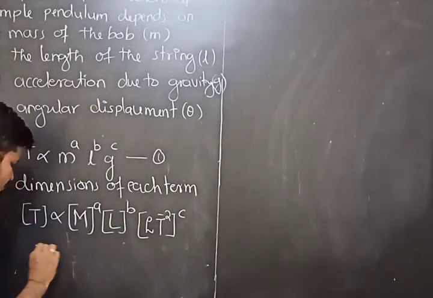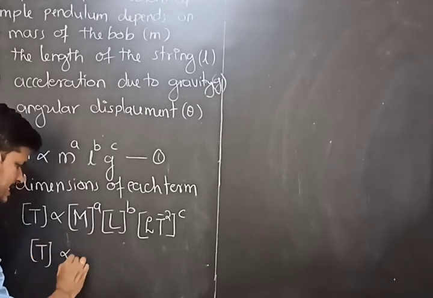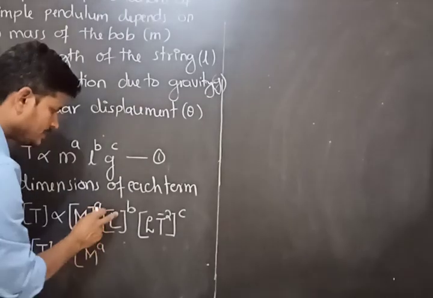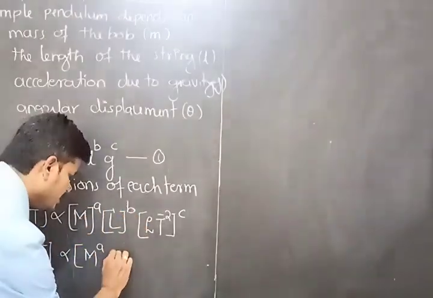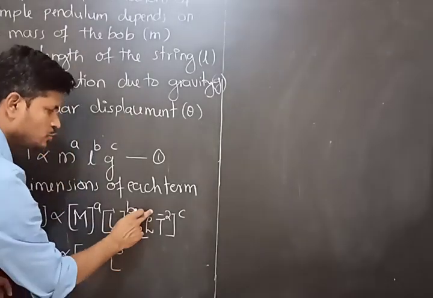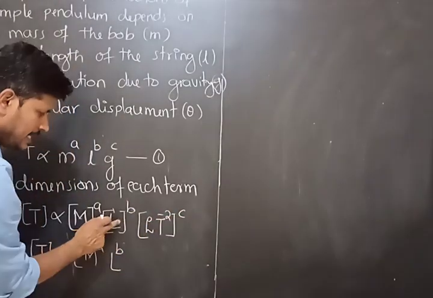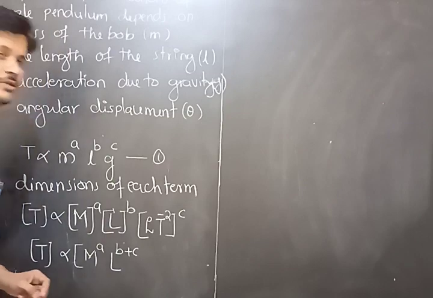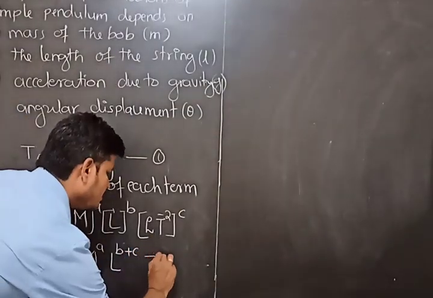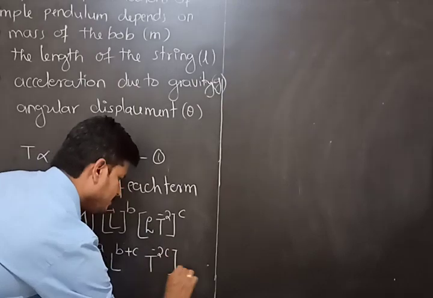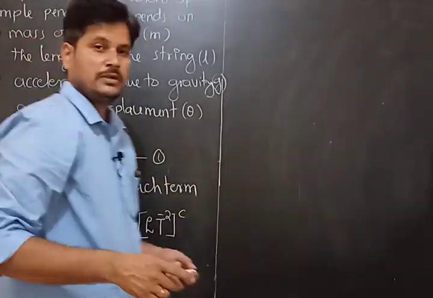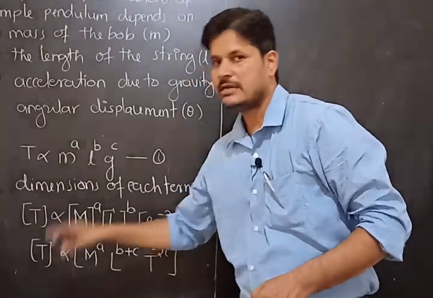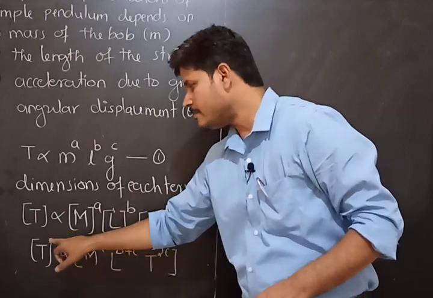Correct? Next, this time period is directly proportional to m raised to a, L raised to b, L raised to c, L raised to b into L raised to c, which is L raised to b plus c according to the indices rule. Next, T raised to -2c. Now, as we discussed in the previous example, by using the principle of homogeneity, compare the indices.